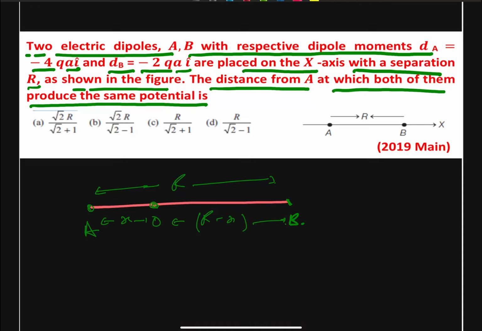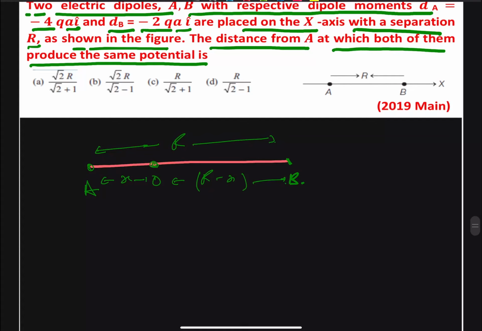And we also know that electric potential has a direction towards the dipole from the point. So it means the potential due to point A and point B will be opposite in direction.